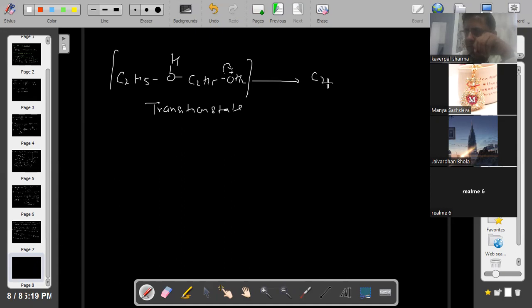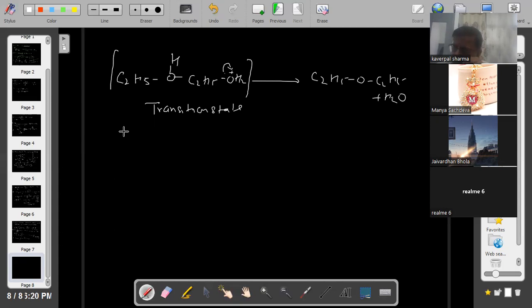Then you will get C2H5OC2H5 plus H2O, and in the next step this proton is removed. So this is the SN2 reaction mechanism. By this process, Williamson-type synthesis you will get. Only primary alcohols can do this.